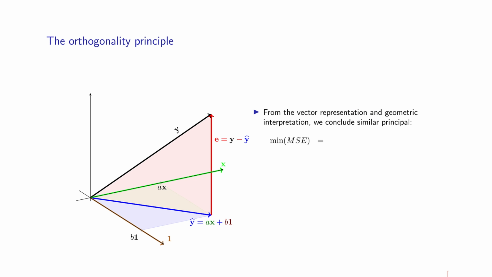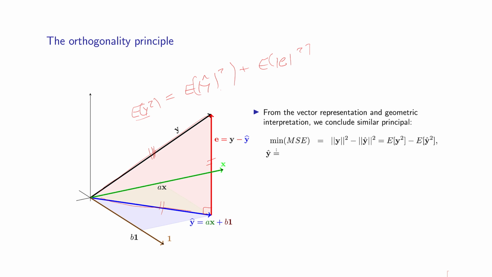So from vector representation and geometric interpretation, we conclude a similar principle. The MSE is minimized, and if this is perpendicular, you could say that the length of y squared, the mean of y to the power 2, is equal to this length squared plus this length squared. Basically, the mean of y squared is equal to the mean of y hat squared plus the mean of the error squared.